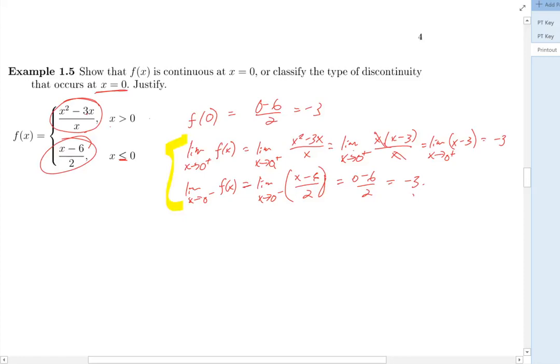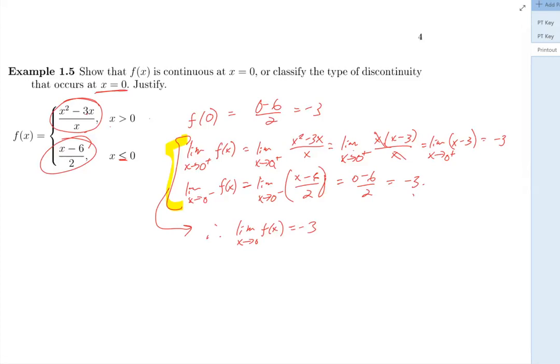So these two together, this time I'll just write it below it. These two together, I can say, therefore, the limit as x goes to 0 of f of x is equal to negative 3. So I want that because that's involved. So that becomes part of my computation as I want to address what the two-sided limit is, because that's the way the official definitions are often set up.